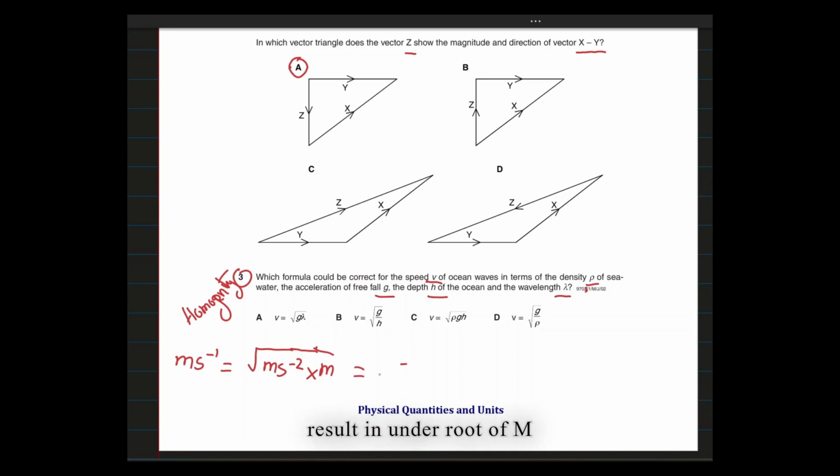This would result in under root of m square s minus 2, and that means if we take the square root, it would result in ms minus 1. So yeah, option A is a correct one. Okay, we found the correct option at our first try. So that means that A is the correct equation, or correct formula.